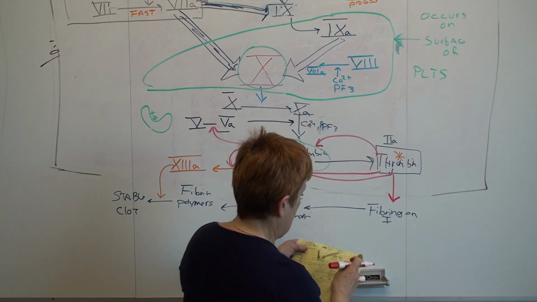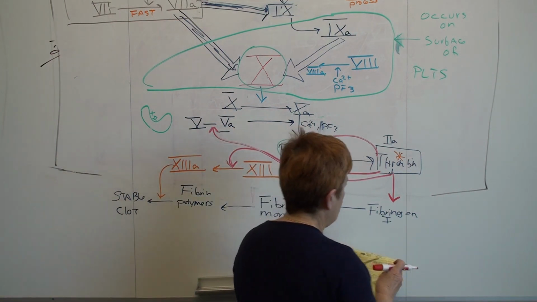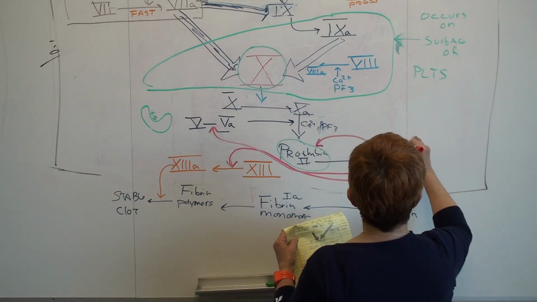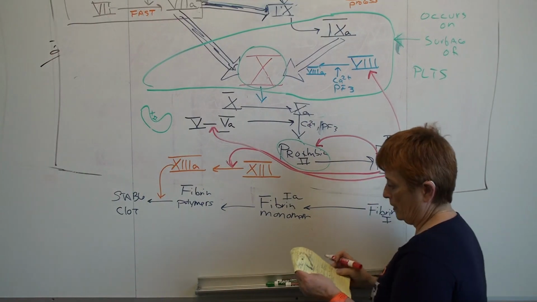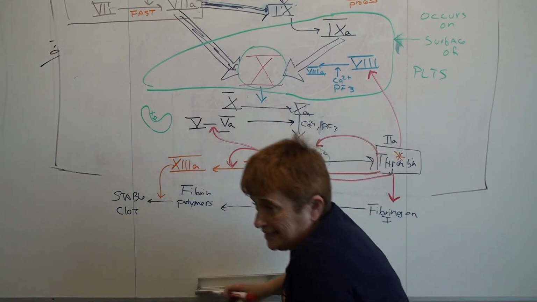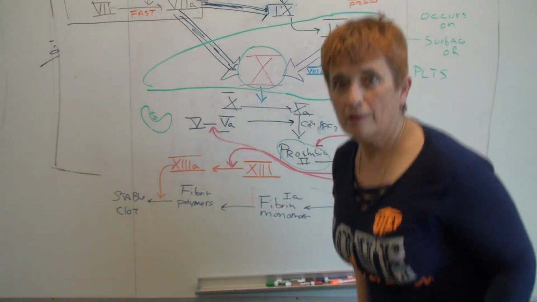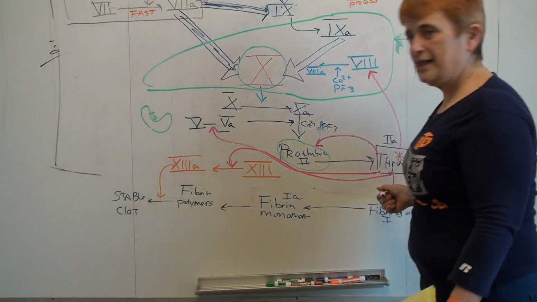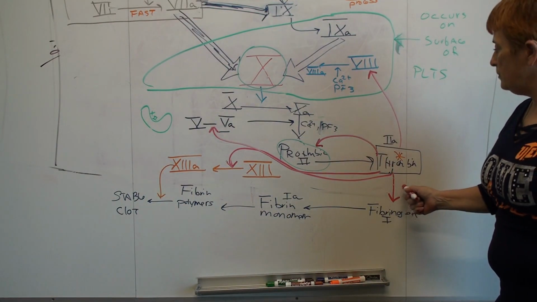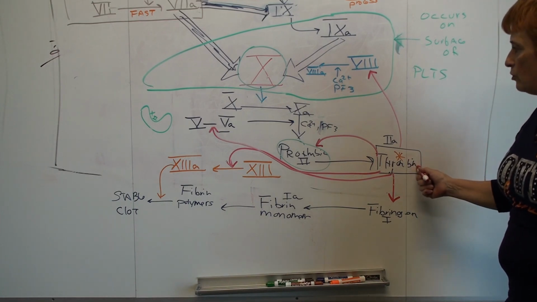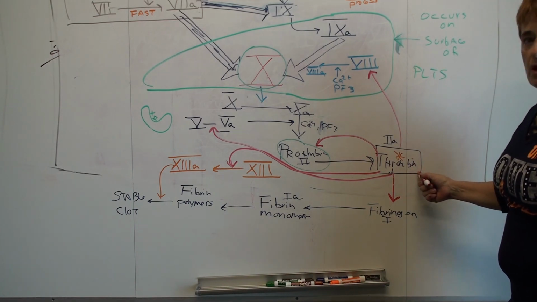Okay, and thrombin also works on 8. All right, so you can see that thrombin is extremely, extremely important. So you've got to remember all the things that thrombin does.